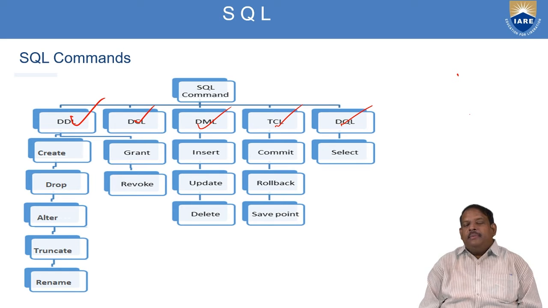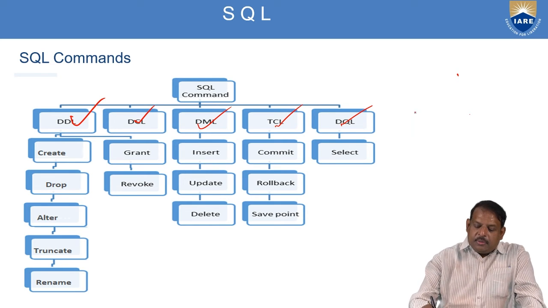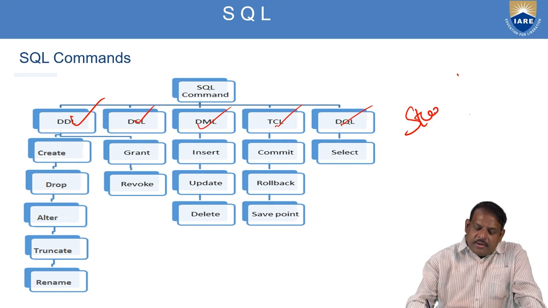So I grant rights to a user called Srinivas. Only Srinivas can see an object, student. Suppose I have a student table, and I give access to Srinivas.